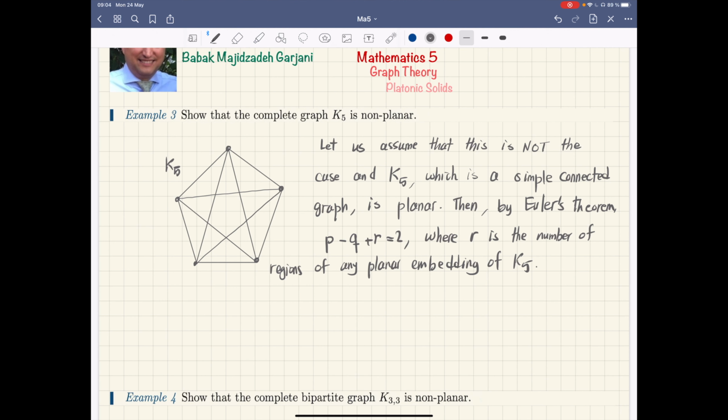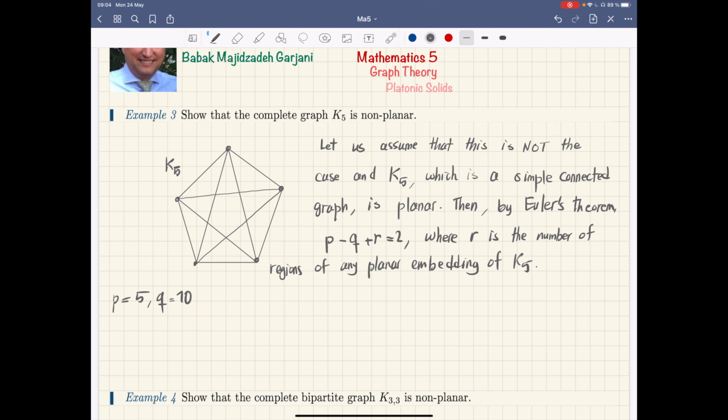So it means P minus Q plus R should be 2. If someone asks you what is P, you just count the vertices, it is 5. If someone asks you what is Q, you can count the edges and you see that this is 10. And then what is R? R is the number of regions of any planar embedding of K5 because you are claiming that K5 is planar.